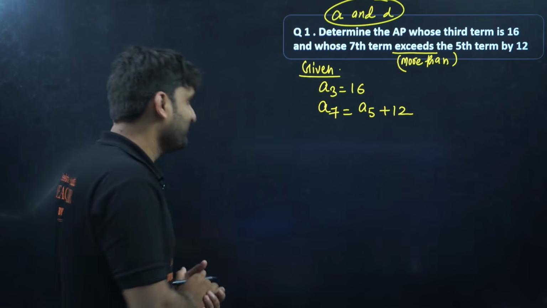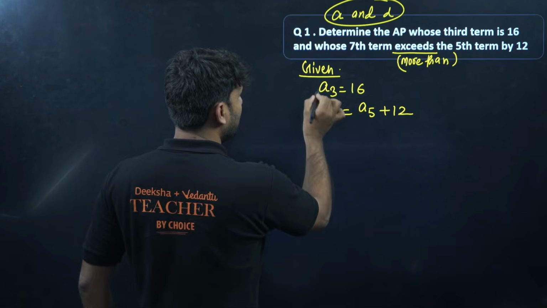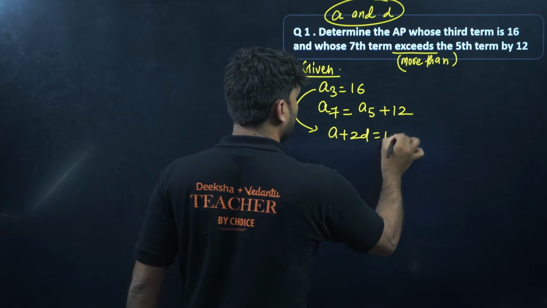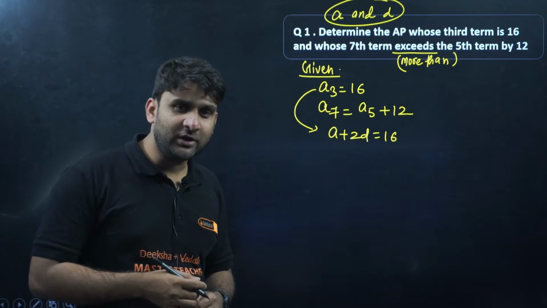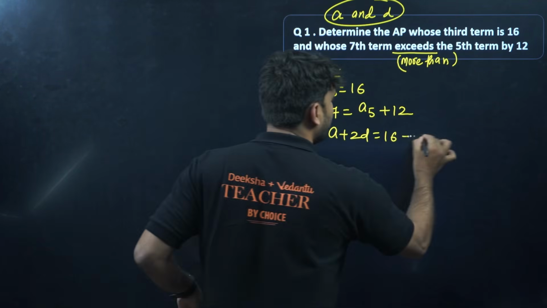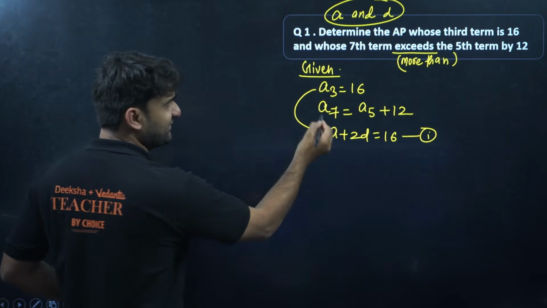So let's solve. Okay, so now do one thing. We know A3 can be written as A plus 2D is equal to 16, guys. For the third term, the formula will be A plus 2D, 1 less D. Clear? Okay, so mark this as equation number 1. Now in the second statement, this is the seventh term.